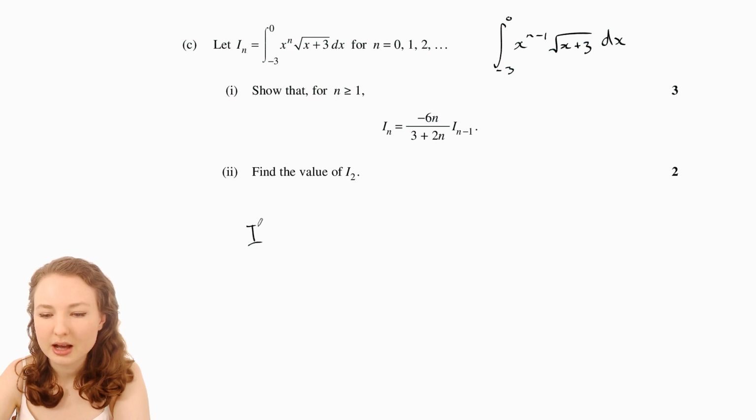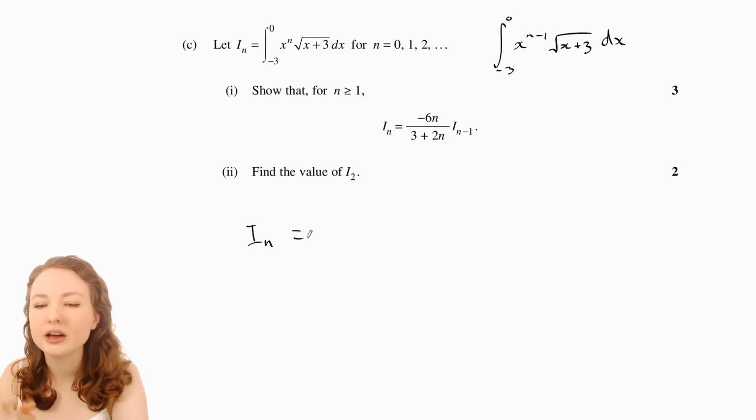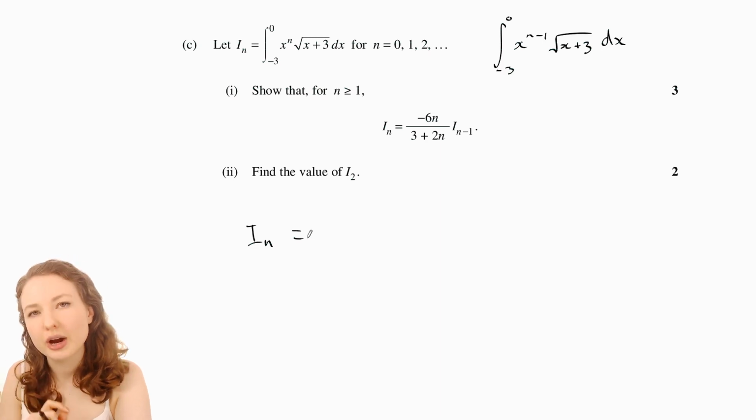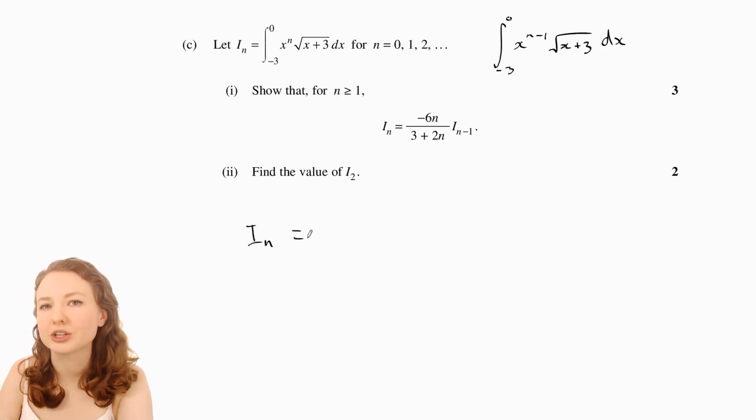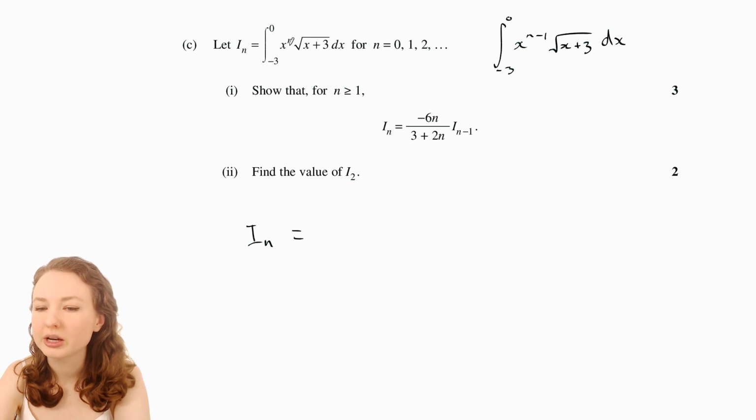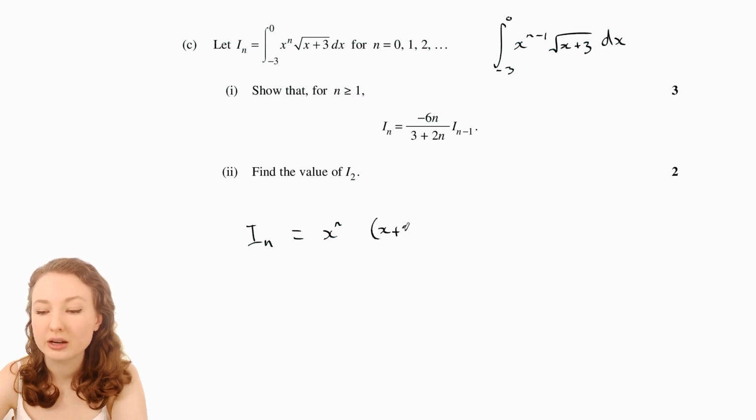So we could say I n, so apply integration by parts. I think of that as you integrate one of the functions and then you differentiate the other one. So because we want to differentiate this one to get the n minus 1, we've got to integrate that one. So we leave that one alone. Think of that as x plus 3 to the half. So when we integrate, we add 1 to that power to make 3 on 2.